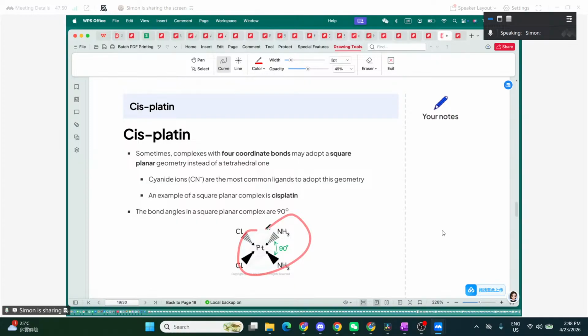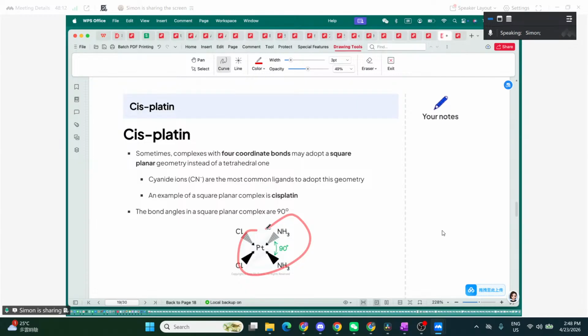Look at the graph: this is square planar. This square planar complex is cisplatin.